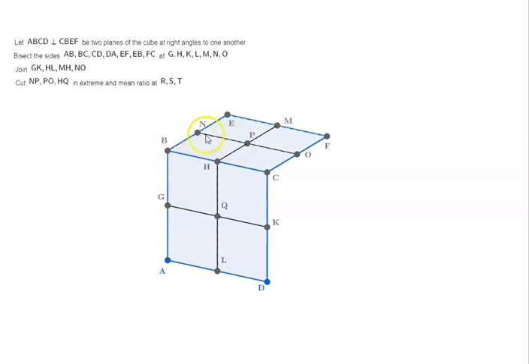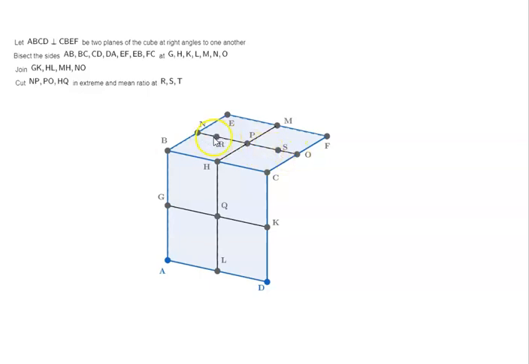Cut NP, PO and HQ in extreme and mean ratio at R, S, T. So here PO has been cut at S in extreme and mean ratio such that PS is the greater segment.